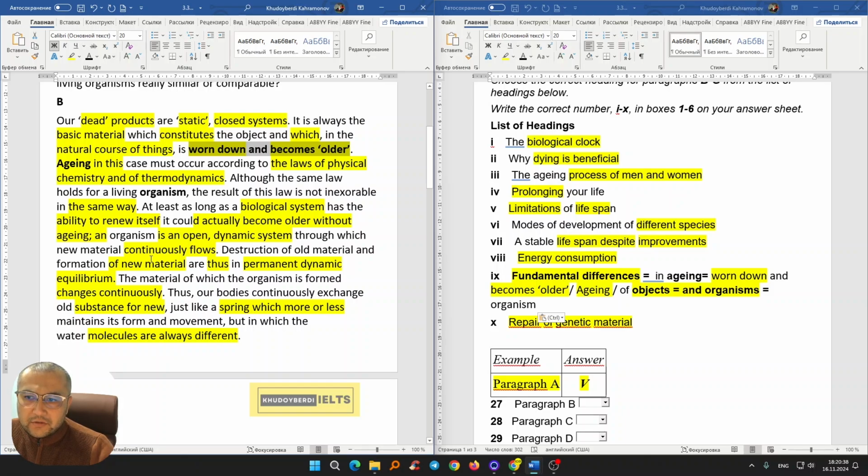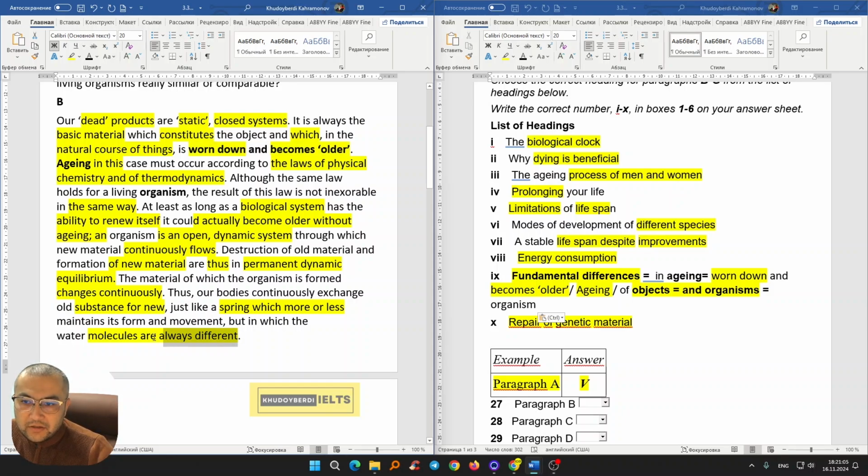Destruction of old material and formation of new material are thus in permanent dynamic equilibrium. The material of which the organism is formed changes continuously. Thus, our bodies continuously exchange old substance for new, just like a spring which more or less maintains its forms and movements, but in which the water molecules are always different, right?